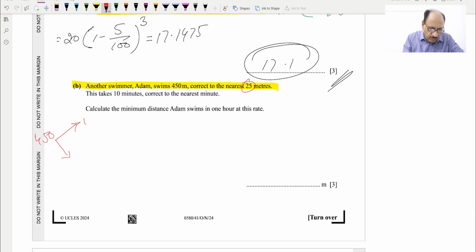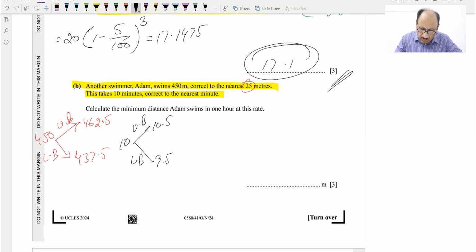So the upper bound is 462.5, and the lower bound is 437.5. Similarly, they are saying this takes 10 minutes correct to the nearest minute. So for 10 minutes, the upper bound is 10.5 and the lower bound is 9.5.